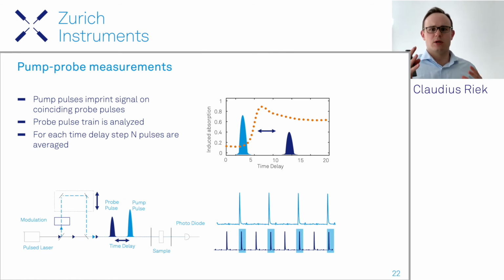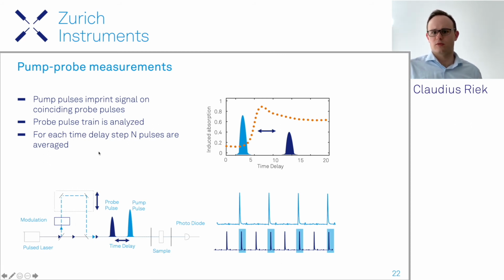Now, mentioning pump probe measurements in general, we could also imagine something very particular. Those measurements are based on very short pulses, and those short pump probe pulse trains can be analyzed pulse by pulse, and this is what you can see here.